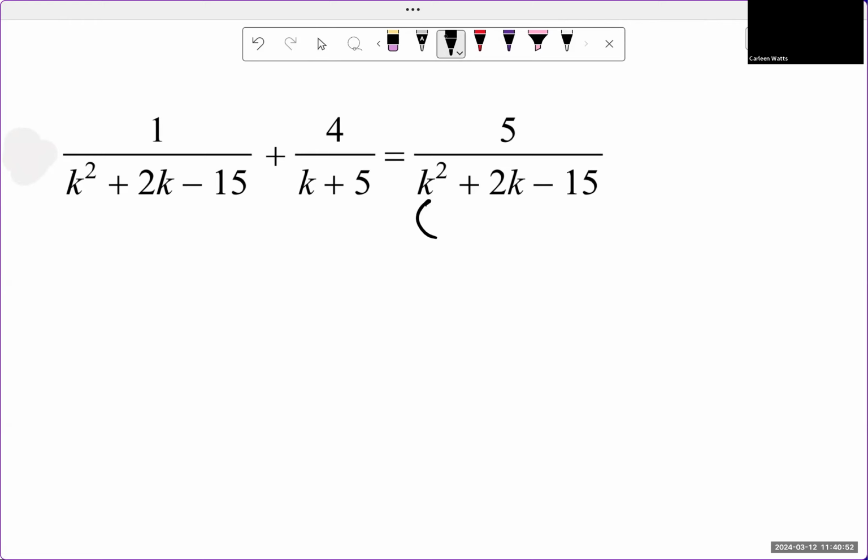Make a diamond and factor k squared plus 2k minus 15. Two numbers that multiply to get negative 15 and add to get 2: positive 5 and negative 3.